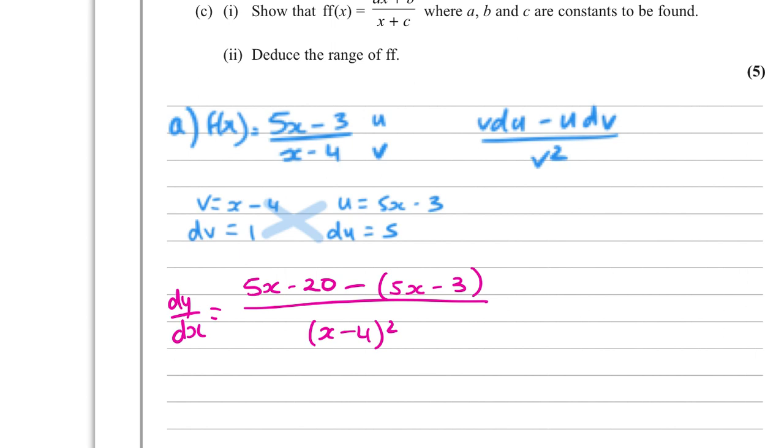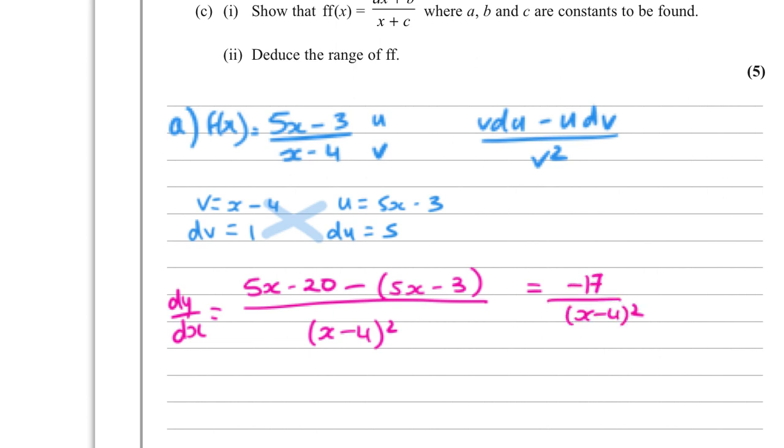Now, if we simplify the numerator, we're going to have 5x minus 20 minus 3, which is minus 20 minus 3. So we're going to get negative 17 over x minus 4 squared.